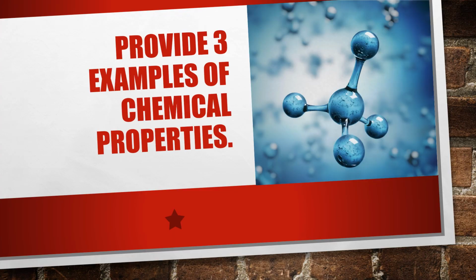Chemical properties. So these are a little bit different here, guys. We have flammability. One that is very much like flammability is combustibility. And you cannot observe these unless you're having an actual reaction take place. Reactivity.